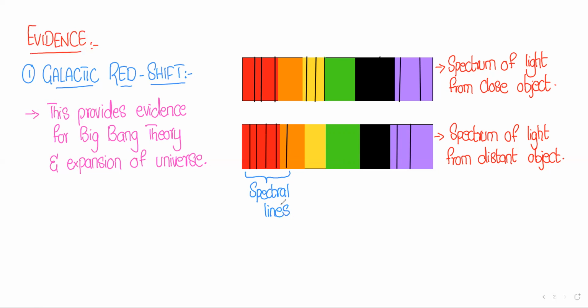And further, if we talk about the first condition in which the light source is coming from a close object, the spectral lines are away from each other. So that's why redshift will provide evidence that the universe is expanding, right?